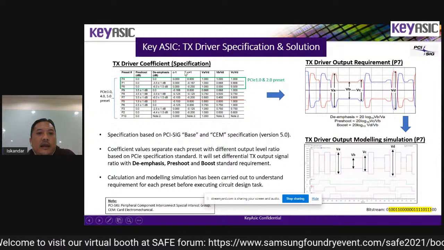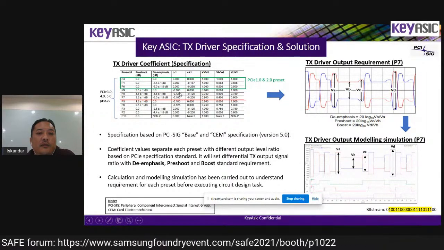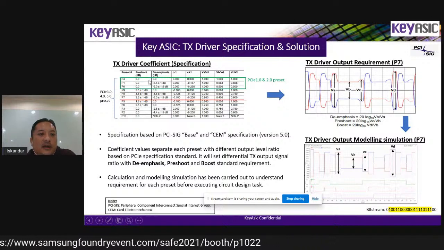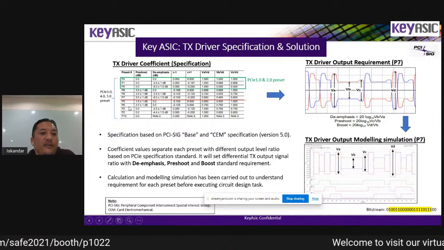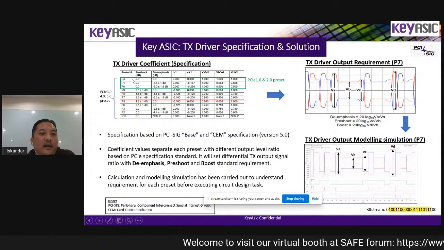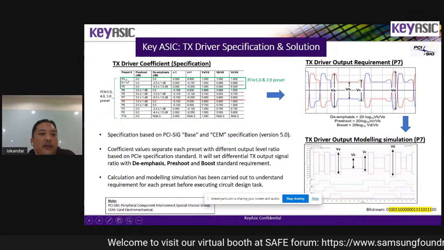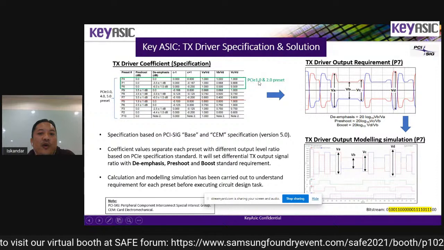This is the TX driver specification and solution that we are going to discuss. As we can see here, for PCIe 5 we have a few presets, around 11 presets that we need to meet. P4, P1, and P0 here are for PCIe 1 and 2.